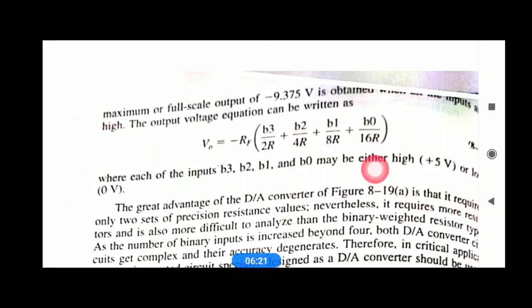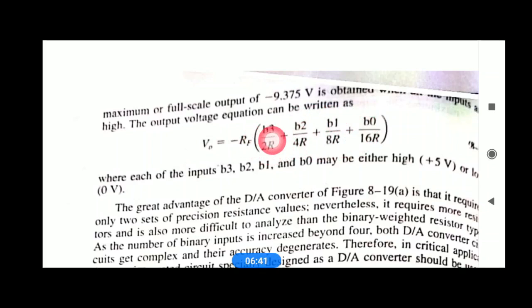For example, for our example, keeping B3 high, in the sense we take B3 as 5, B2 as 0, B1 as 0, B0 as 0, then these other three terms become 0.